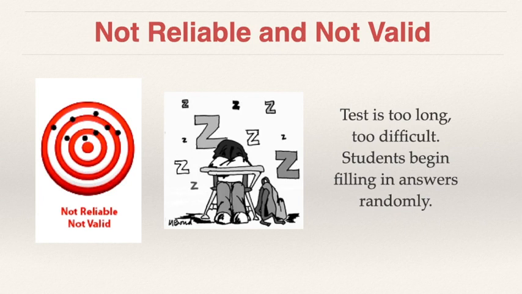When a test is not reliable and not valid, it is most often due to very poor reliability. Most testing experts agree that a test can be reliable but not valid, but cannot be considered valid if the scores are very unreliable.